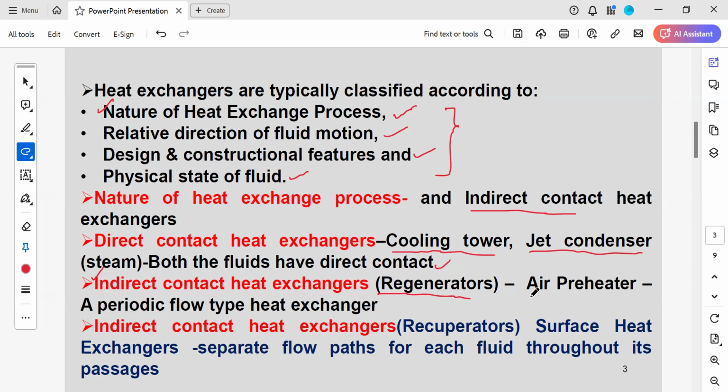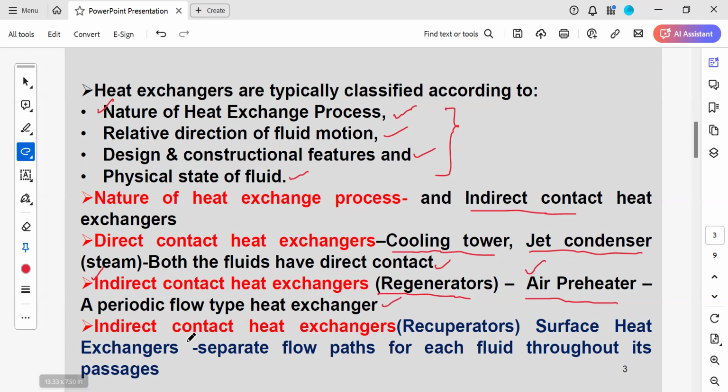For example, take the air preheater. In an air preheater, a mesh type space is there. Initially, we send a hot fluid so that the space gets heated. Then we send cold fluid so that the cold fluid gets heated with the help of the mesh which is already heated. Like that, the heating and cooling process happens periodically. So that is called an indirect contact heat exchanger, the regenerator.